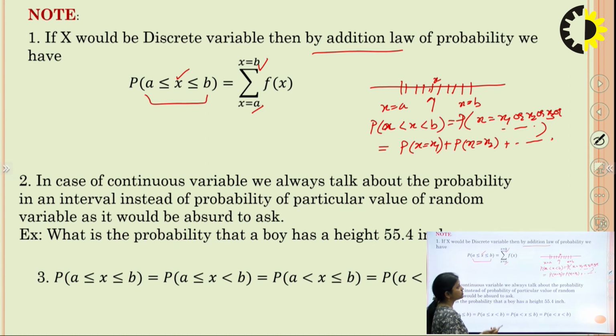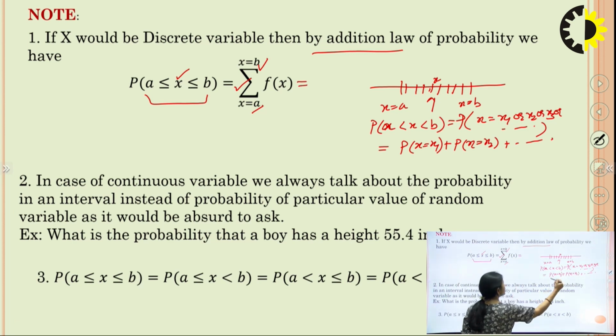Okay, but since x is not a discrete variable, see, if x is a discrete variable, then this sum can be obtained by sigma. Sigma stands for summation for the discrete variable. But if we have a continuous variable, then instead of sigma, this sum can be obtained by integration.